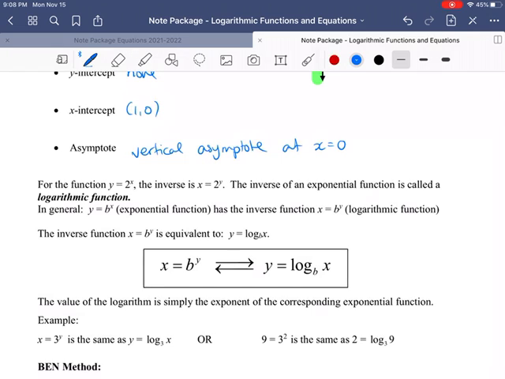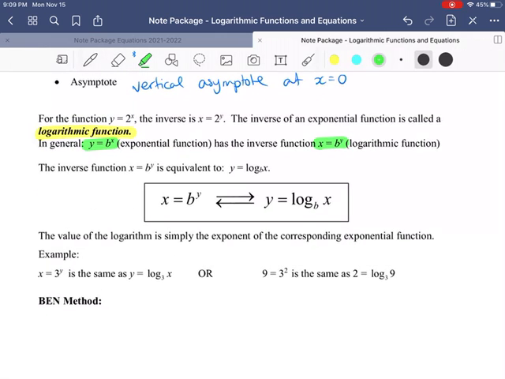For the function y equals 2 exponent x, the inverse is x equals 2 to the y. The inverse of an exponential function is called a logarithmic function. In general, y equals b to the x is exponential, and has the inverse function x equals b to the y.